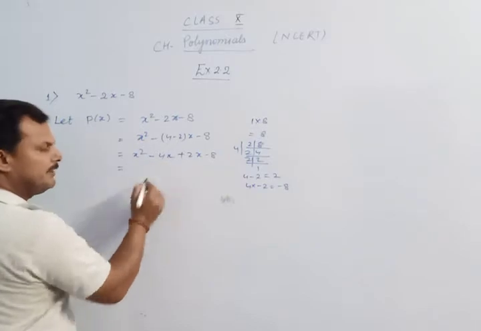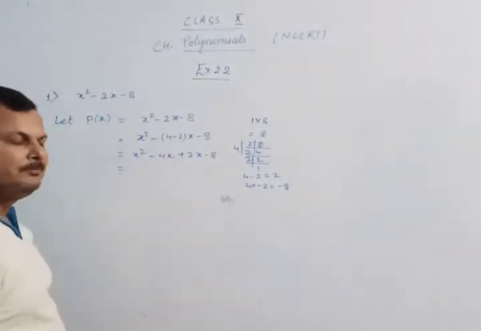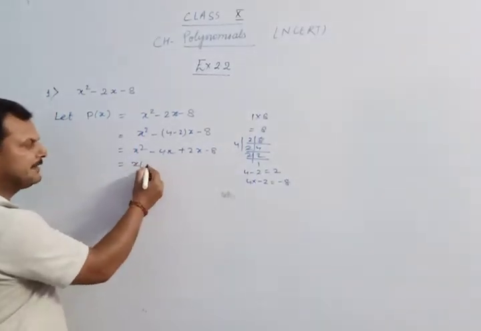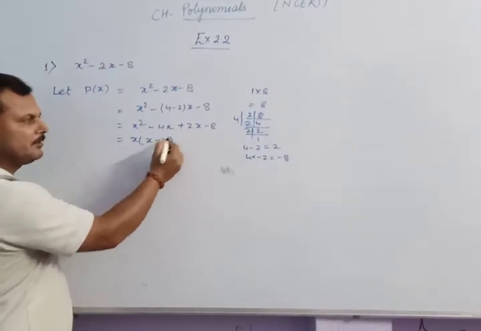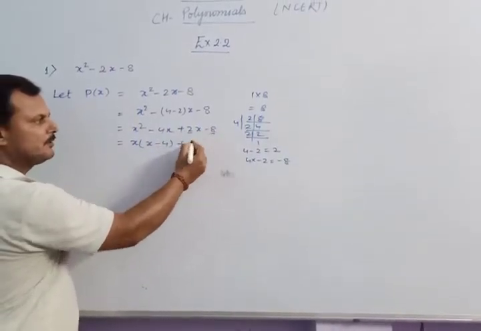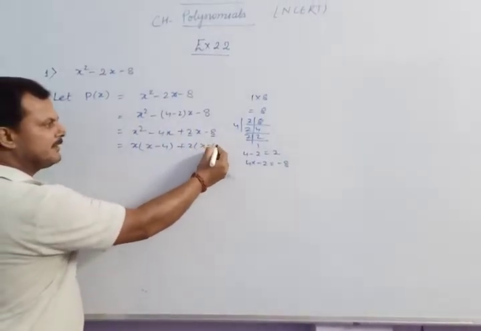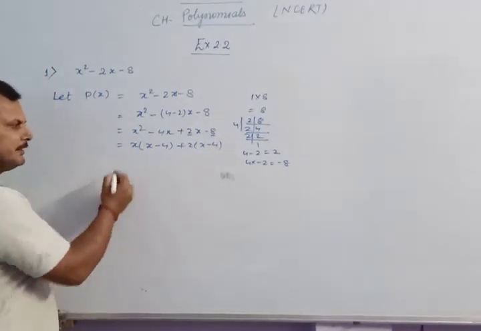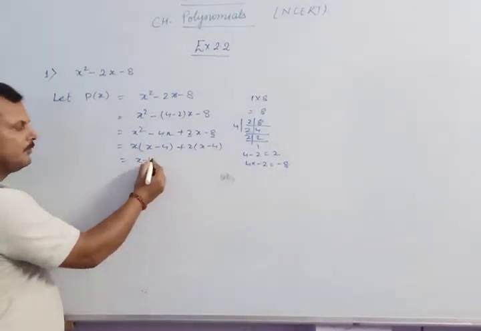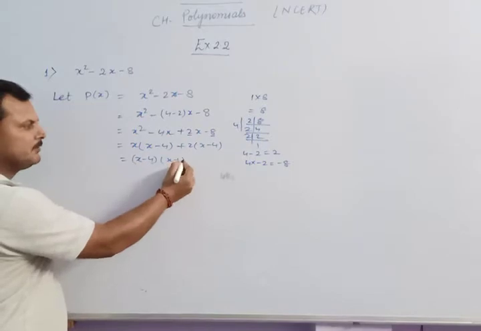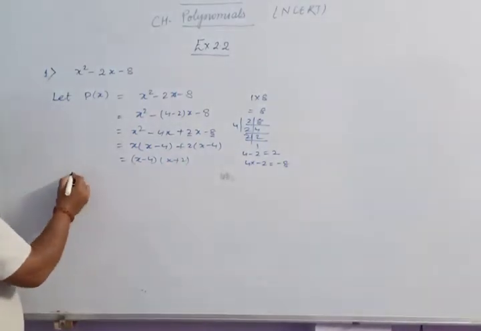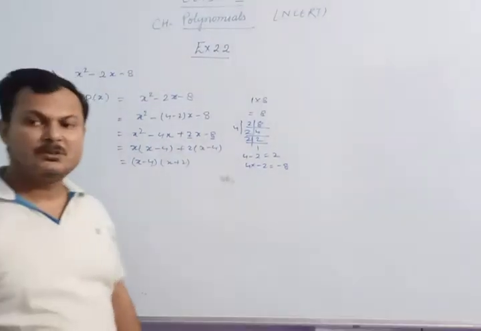We have got four terms now. In the first two, we observe x is common: x(x minus 4). In the last two, 2 is common in both. Take out 2: 2(x minus 4). Clear? Now (x minus 4) into (x plus 2). Since what is a zero?